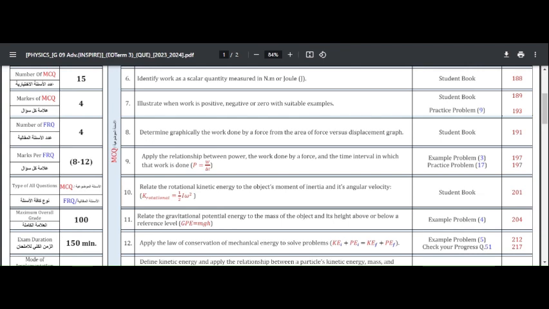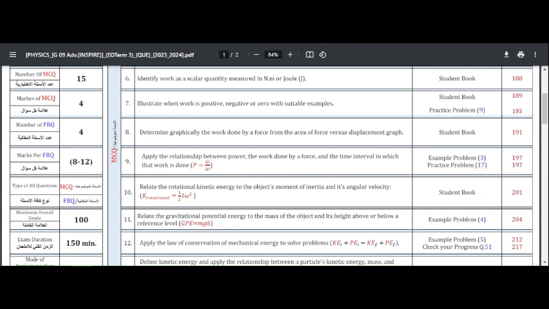The unit of work is joule, but 1 joule is also equal to 1 Newton meter, right? The Newton meter is the derived unit for the work done. So they could ask you which of the following units correspond to the unit of work. So that is one way.